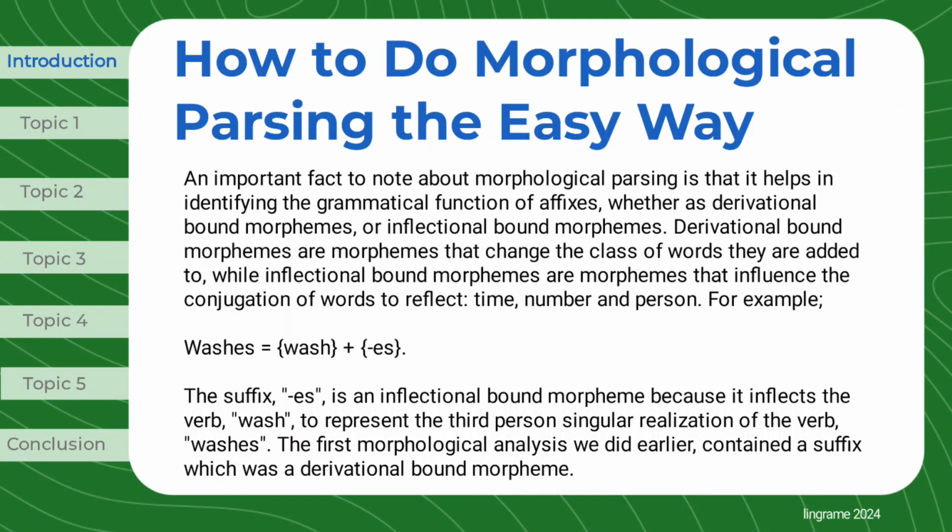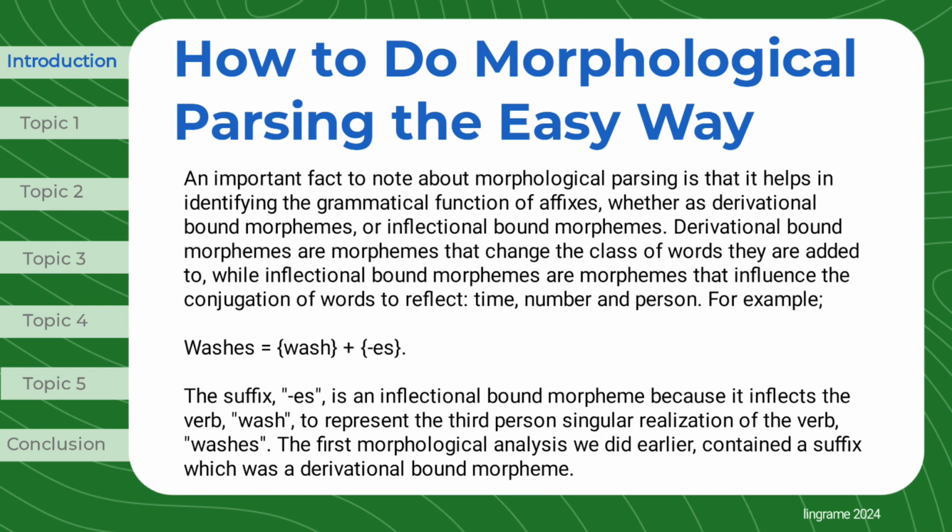An important fact to note about morphological parsing is that it helps in identifying the grammatical function of affixes, whether as derivational bound morphemes, or inflectional bound morphemes. Derivational bound morphemes are morphemes that change the class of words they are added to, while inflectional bound morphemes are morphemes that influence the conjugation of words to reflect time, number and person.